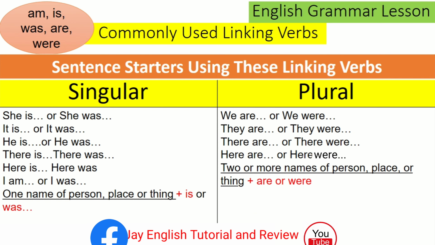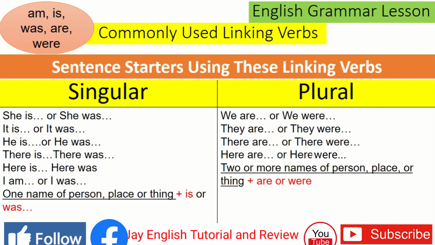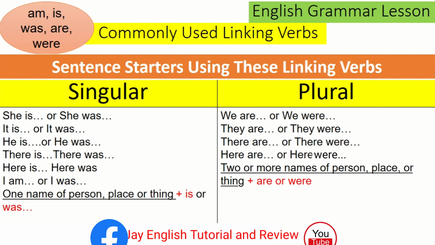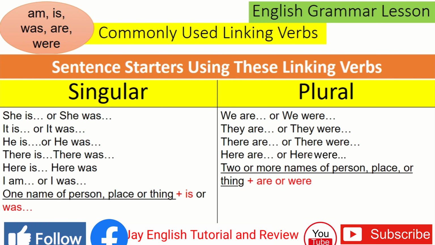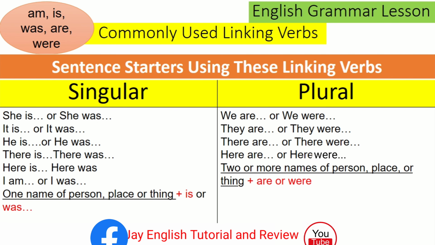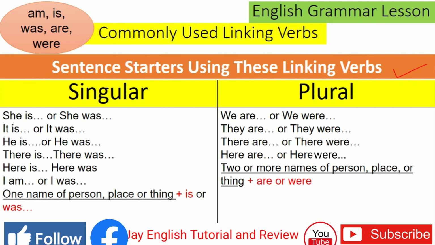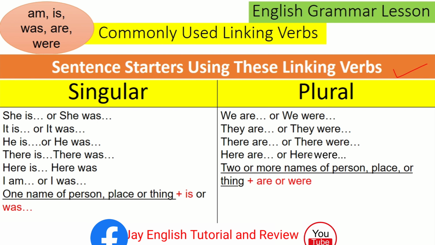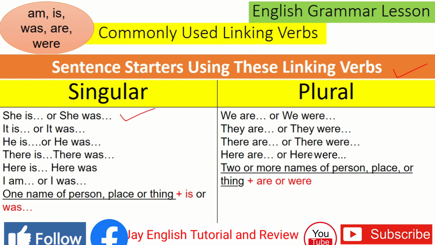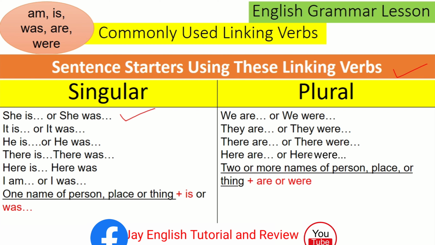And in writing sentences using these linking verbs, we have some examples of sentence starters. For the singular linking verbs, you may begin your sentence by saying she is or she was. Okay, she was if it is in the past tense.